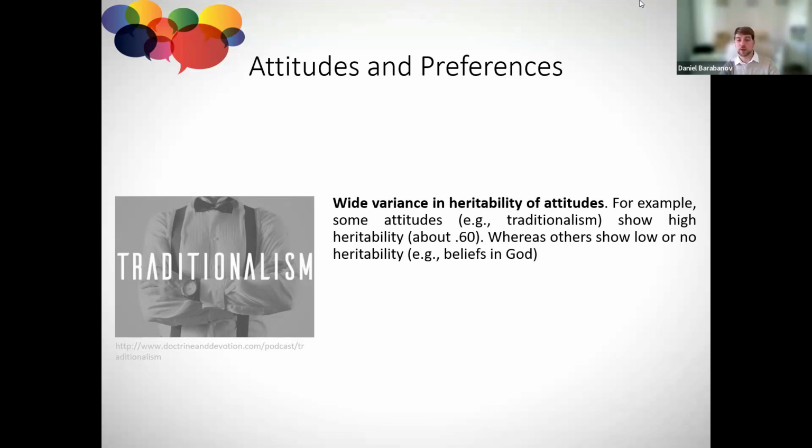For example, traditionalism as an attitude shows high heritability, around 60%, right? More than for the Big 5. But being religious, for example, shows no heritability at all. So your religious views are not connected with your genetics, but your political views are connected.